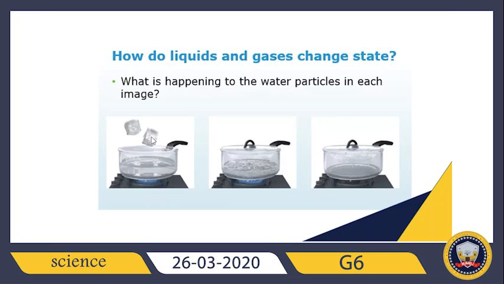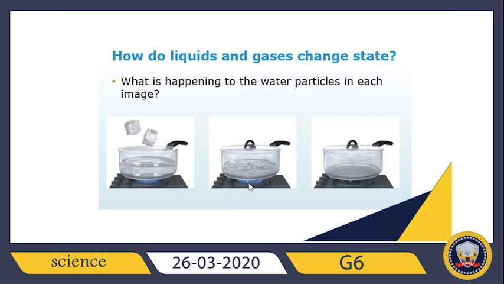Actually it will melt, because here the water is warm. So once you add the ice cube to this warm water, it will start to melt, and the state of this substance, the ice cube, will turn from solid to liquid.